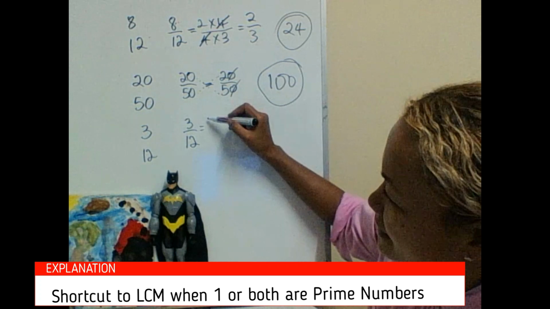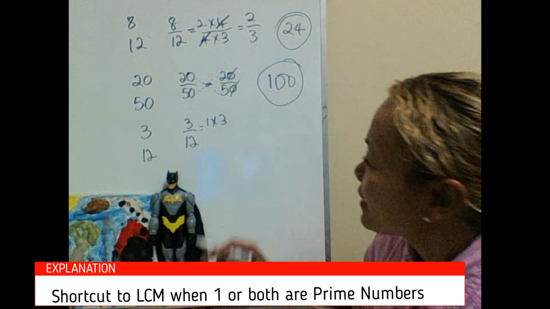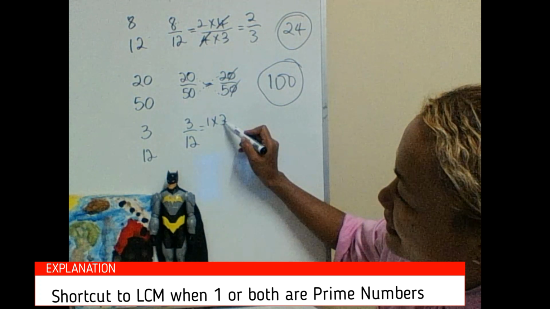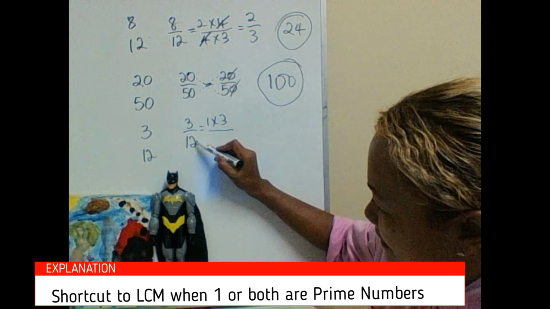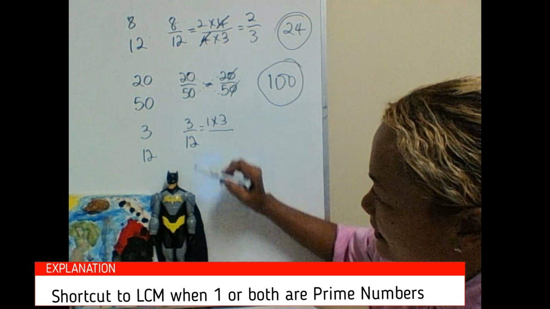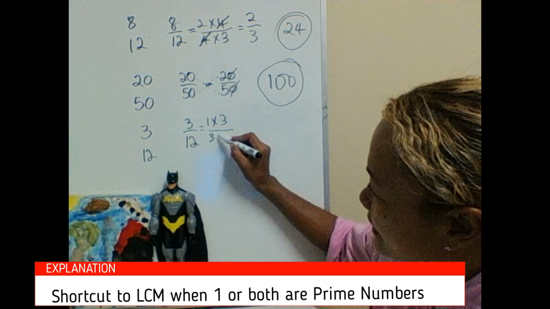this can only be 1 times 3, right? Because it's a prime number. So you know immediately this 3 will be used down here because 3 times 4 is 12, okay?